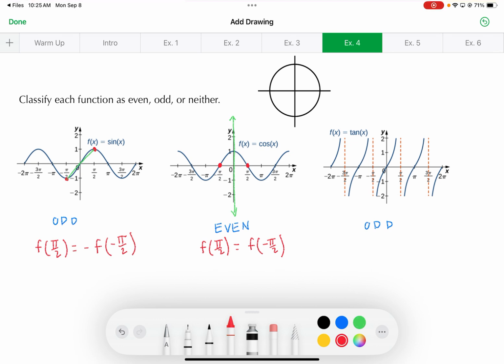So let's add that in here. That would be right about there. Tangent at pi over 4 is 1, and at negative pi over 4, we're negative 1. So we're opposites there. f of pi over 4 equals the negative of f evaluated at negative pi over 4.